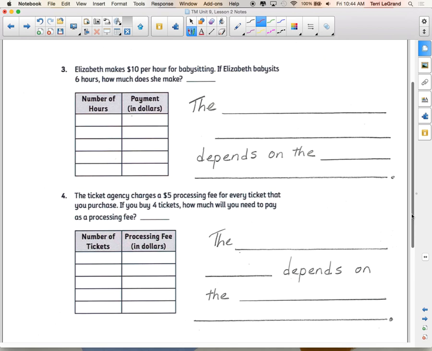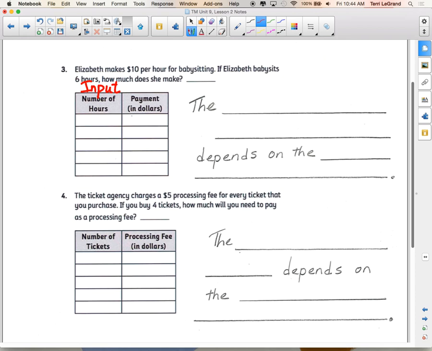Well, I think they might have almost set it up for you. Derek? Is it 10 to the number of hours? The what is the number of hours? The input? Yeah, okay. So in other words, let's put an input above here. If we put in the number of hours, if we do something to the number of hours, the result should be what?